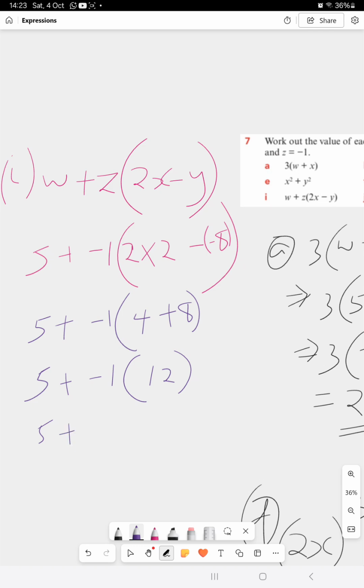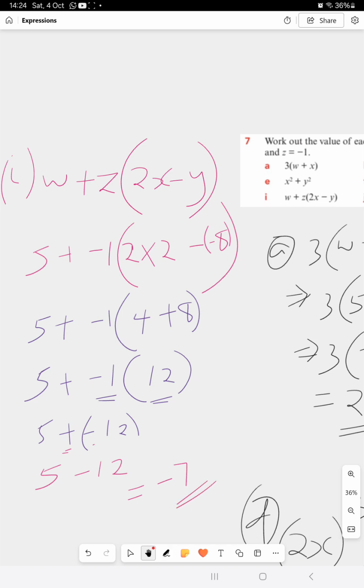Now negative 1 times 12, you get negative 12. Positive times negative, we will have 5 minus 12, and this gives you negative 7. That is the final answer. Very important. Please take note of this.